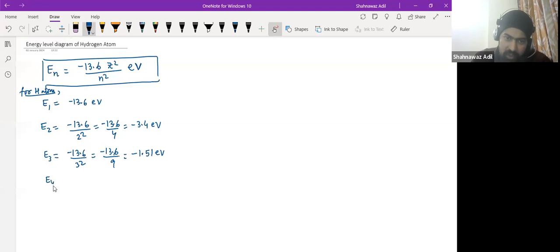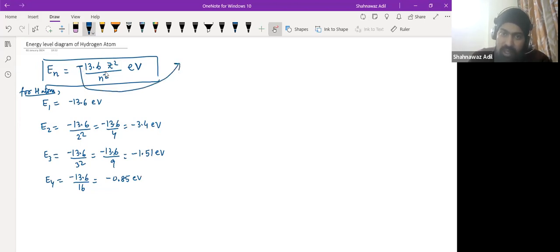Then we have this fourth orbit. That would be 4 square, which is 16. So 13.6 divided by 16 is 0.85 electron volt.